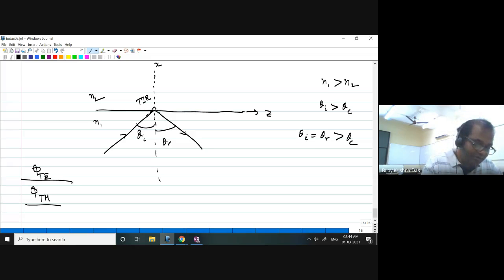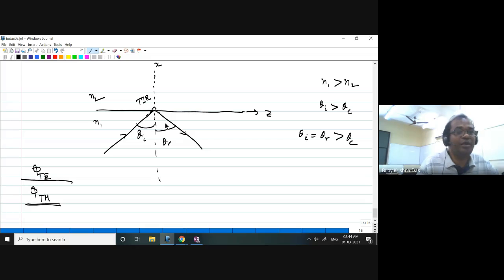So we can consider this phi TE and phi TM as some kind of delay happening during total internal reflection. The field penetrates a bit and comes back, but not everything goes. The power cannot flow to the second media. It goes inside a bit and comes back. So it has to be quantified, how much it can go inside.